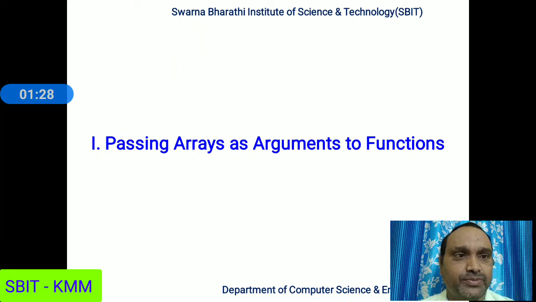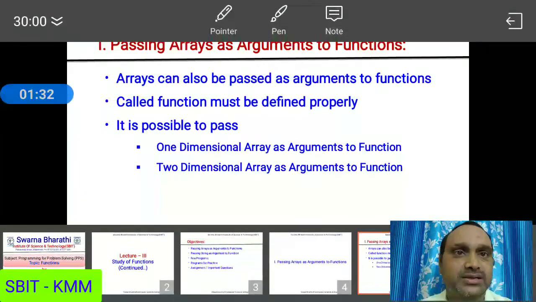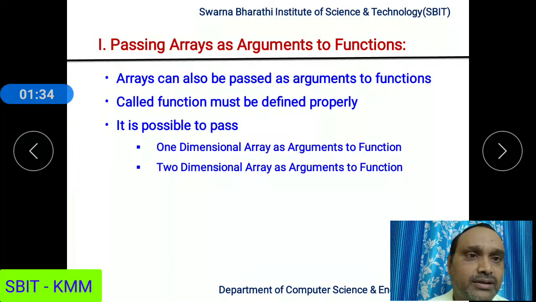If you see, in the last class we discussed how do we pass variables of primary data type as an argument to the functions. Similarly, we discussed how to pass pointers as argument to the functions.